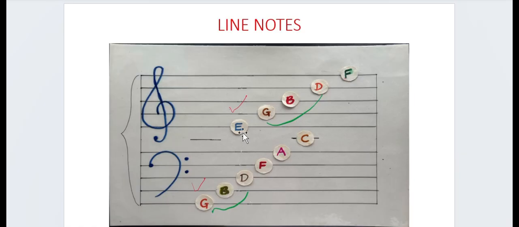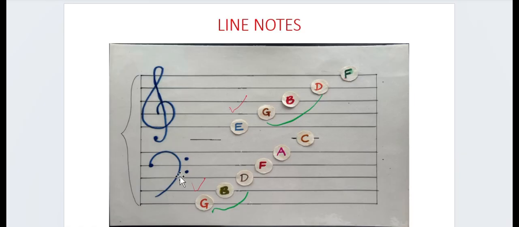You can start on E and then G, B, D. It will be good to remember that line notes start with GBD, whereas space notes start with FACE in the bass.